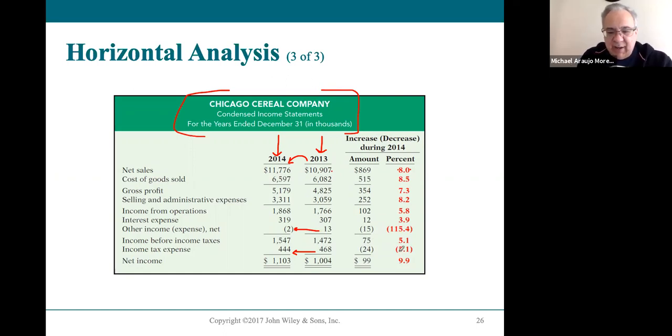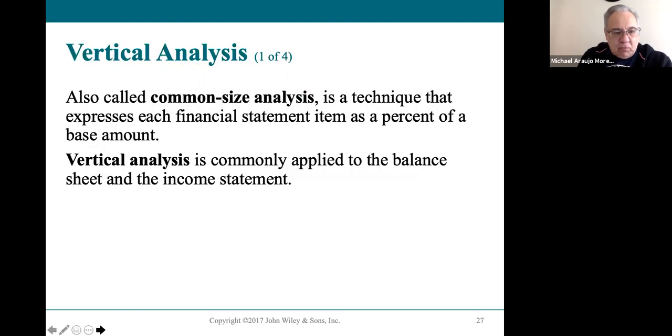I don't want to sound negative, but that's the way it is. So again, that's horizontal analysis. 2 columns you have to create: the amount of the difference and what percentage that amount is. Percentage is the amount divided by the base. Okay. So that is your horizontal.